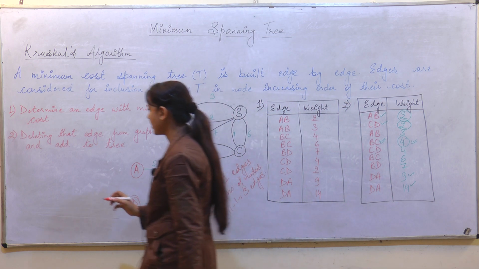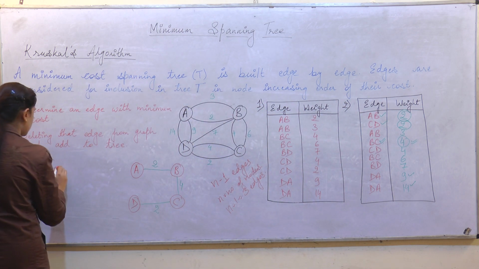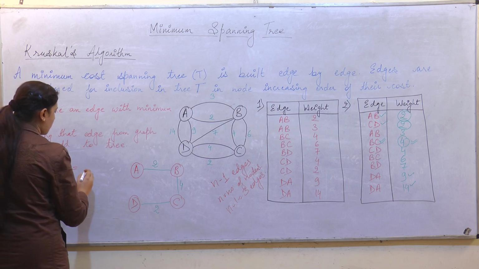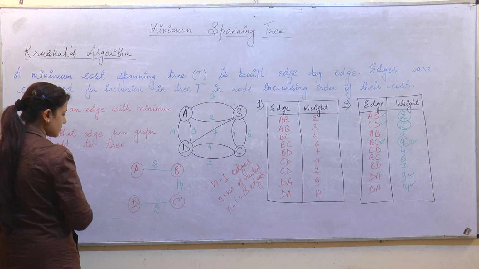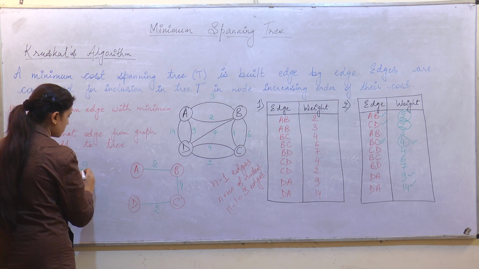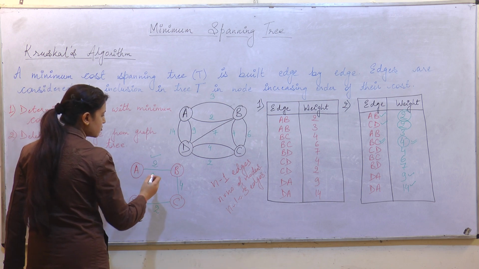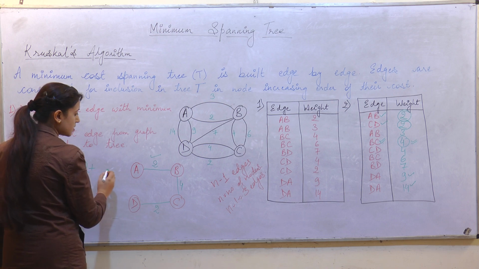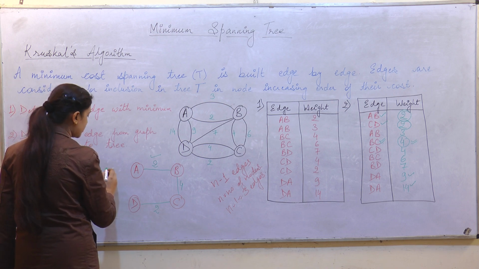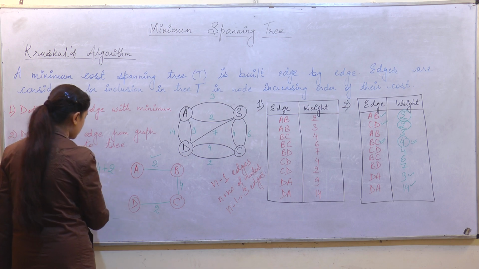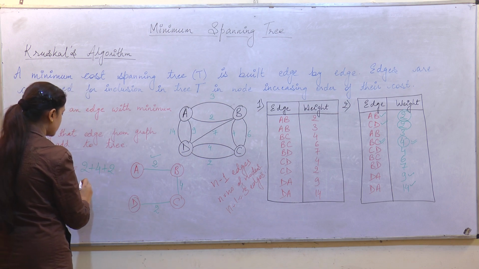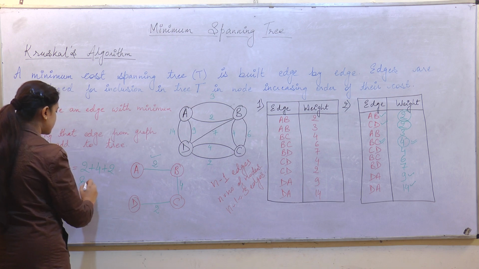Now calculating the minimum cost of our minimum spanning tree: 2 from A to B plus cost 4 from B to C plus cost 2 from C to D gives us the cost 8.